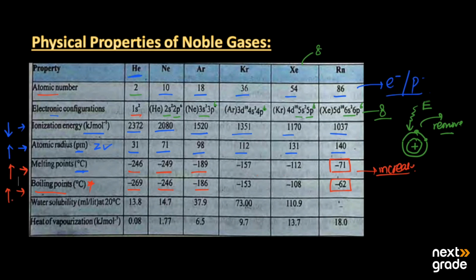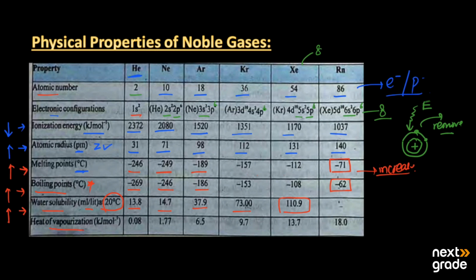Then the second last is water solubility, that is milliliter per liter, and the temperature is here 20 degrees Celsius. So the solubility of helium in water is 13.8, neon is 14.7, argon is 37.9, krypton 73. At the end, xenon, its solubility is very high, which is 110.9. So when we move from top to bottom in the group, the solubility in water also increases.